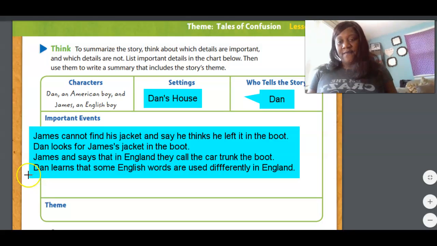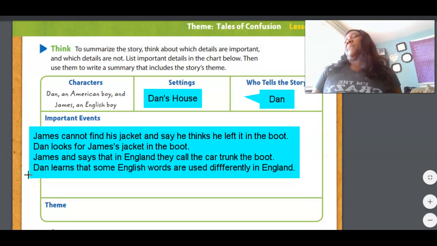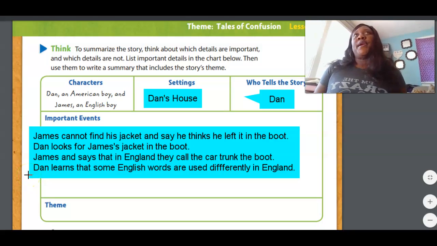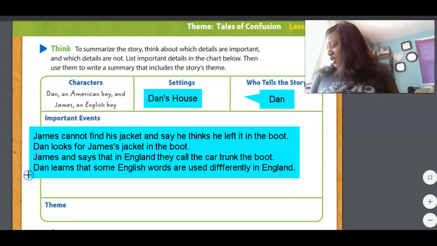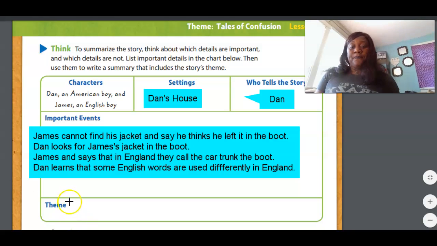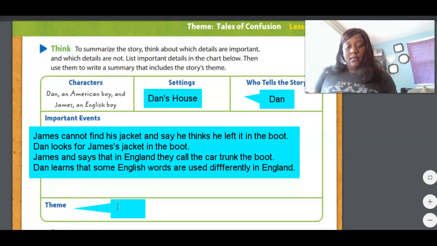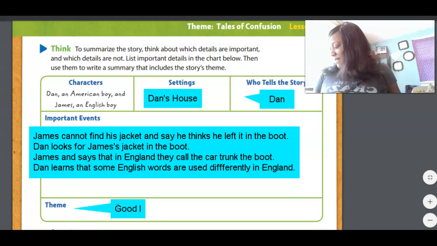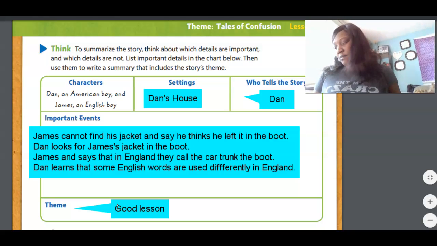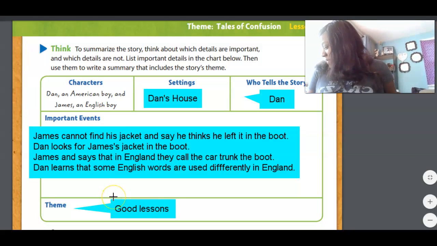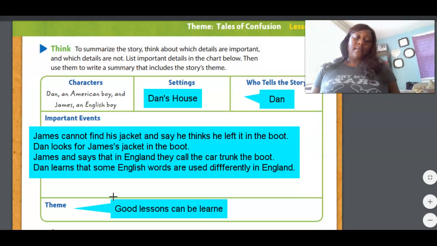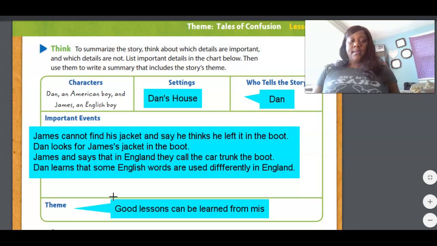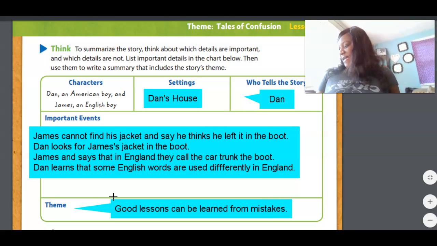So I'm going to say for the theme, thinking about the story that we just shared, I would say good lessons can be learned from mistakes.